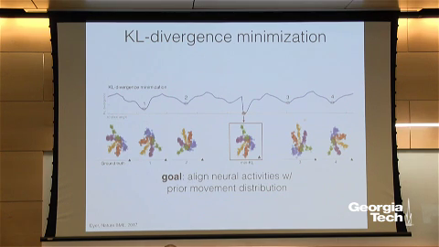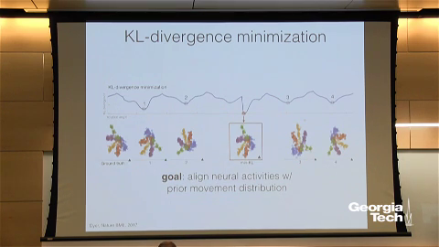The KL-divergence is basically a way of measuring the distance between two probability distributions. This is just a synthetic example to start. We have a ground truth data set, which is this distribution that we've computed over all these different movement directions. What I'm showing here is the KL-divergence that we measure as we rotate this distribution at different angles.